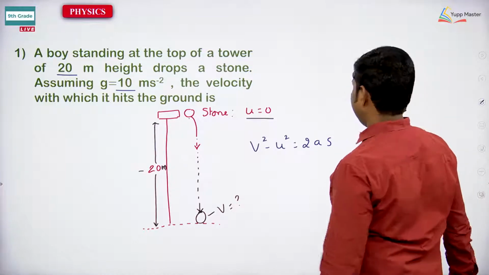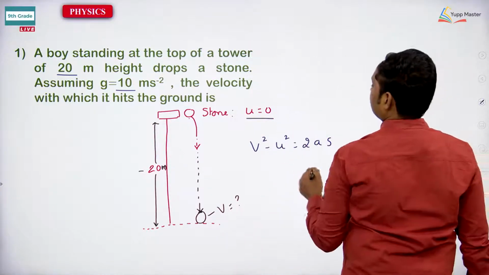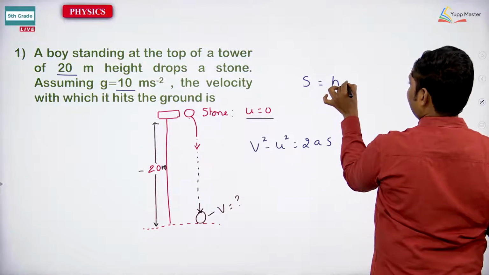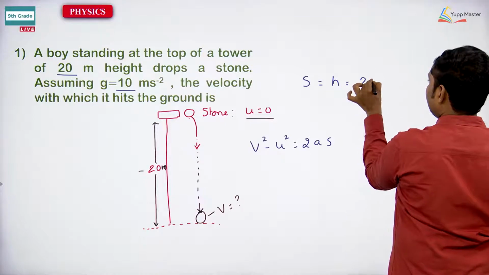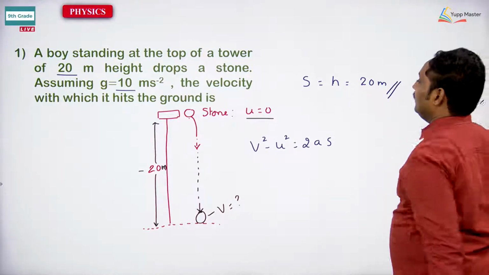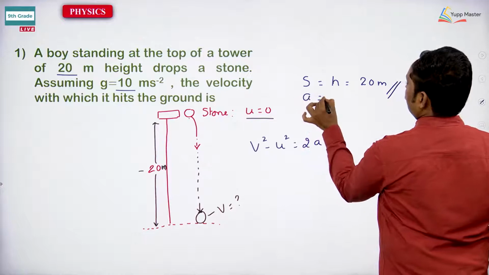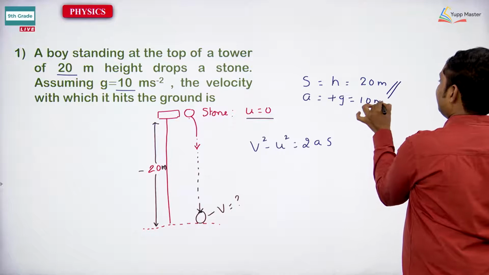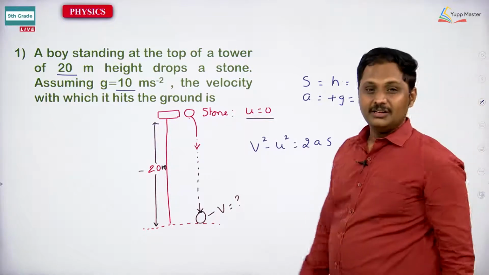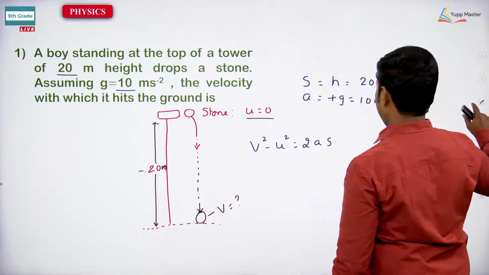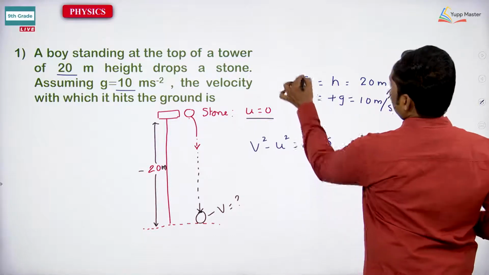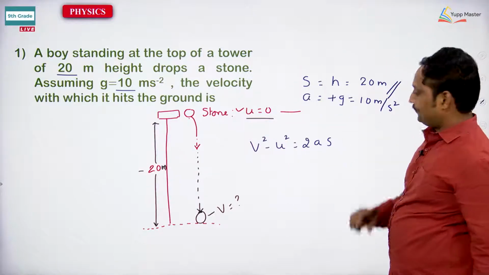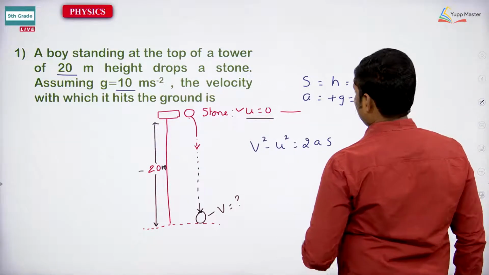Here s is equal to h, that is 20 meter, no doubt at all, and a is equal to plus g, that is 10 meter per second square. We have to consider u is equal to 0. Now you can substitute that.